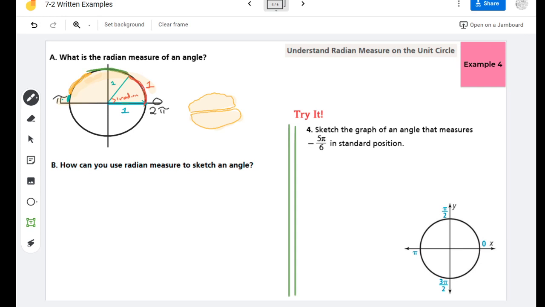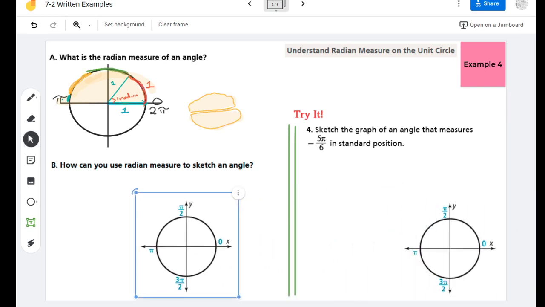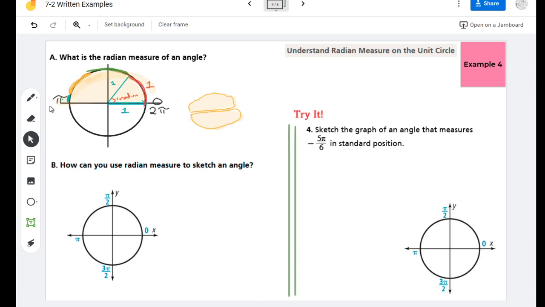So let's talk about using radian measure to help us to sketch an angle. And so what I'm going to do is I'm actually going to borrow this little cutout from the book. So say, for example, I would like to do 4 pi over 3 radians. I want to sketch that on my circle. So if I think about 4/3, that's bigger than 1, right?